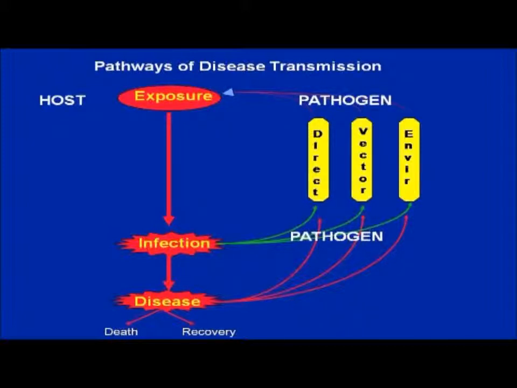Through direct contact, vector, for example a mosquito in mosquito-borne disease, or environment, contaminated dirty water or contaminated food, the pathogen again is exposed to other human bodies, to other hosts. We are thinking about this cycle in order to control communicable disease among the human population.